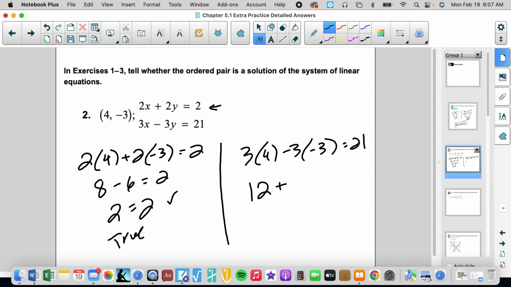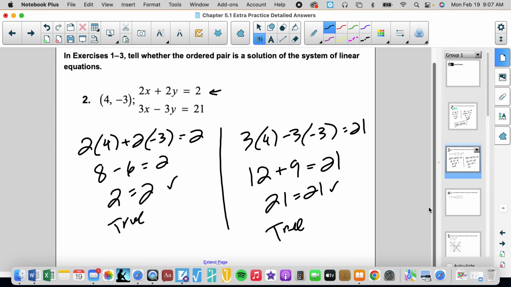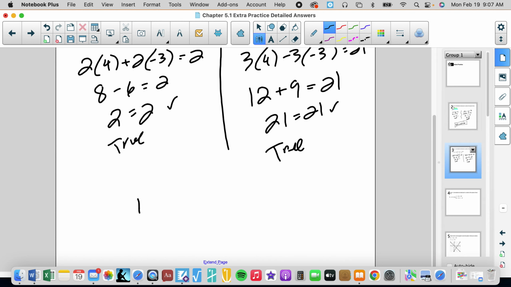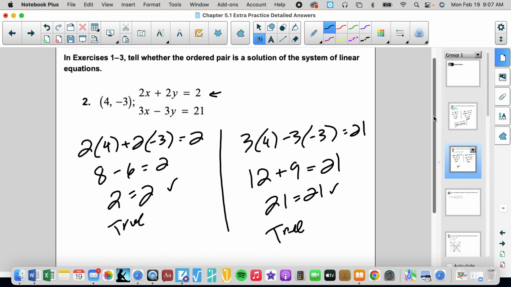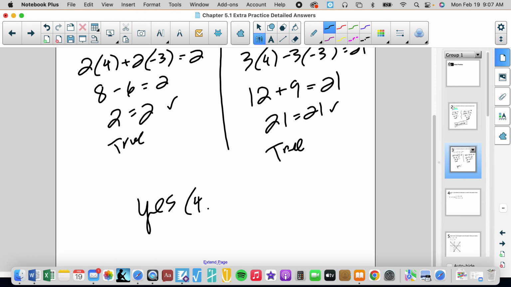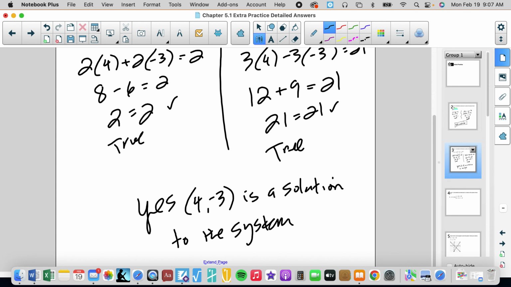That's 12 plus 9. 21 equals 21. That is true. So yes, the point 4, -3 is a solution to the system. Good.